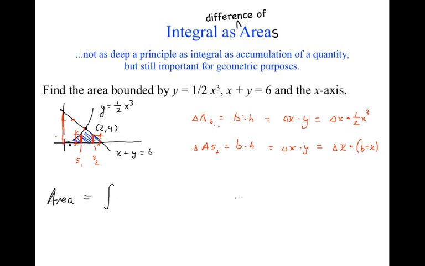Those start at x equals 0 up to 2. And then when we get to this point, we have to sum up a different type of typical strip, so we start a new integral. Sum up from 2 to 6 these typical strips, which we got as 6 minus x dx.